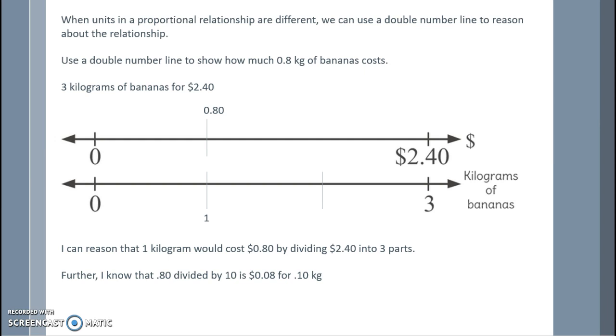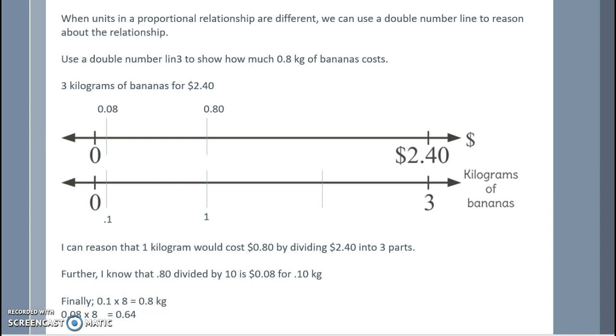Further, I know that 8/10 divided by 10, or 80 cents divided by 10, is 8 cents, or 1/10 of a kilogram. Then I can reason back towards the 3 by saying that 1/10 times 8 is 8/10 of a kilogram, and 8 cents times 8 is 64.